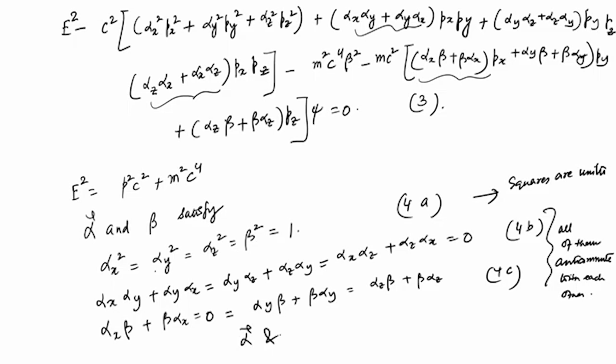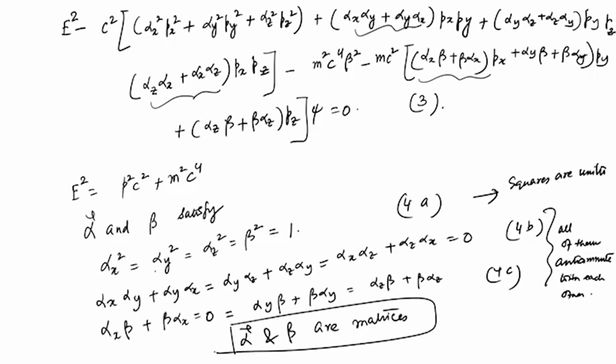So, alpha and beta are matrices, but we do not know what the rank of the matrix is and so on. But at least we know that they are not a single component object. It is a matrix; psi is a column vector.